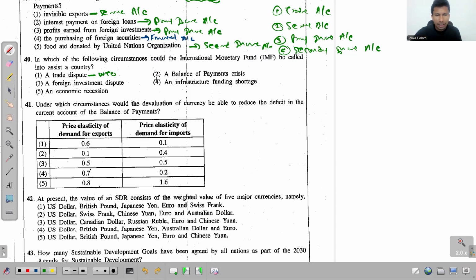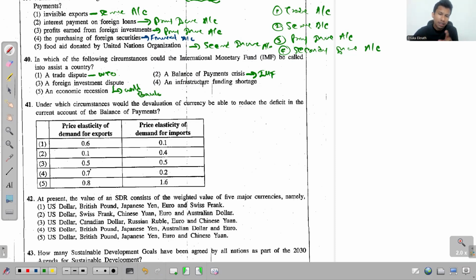And the second one, a balance of payment crisis, like the one that we had in Sri Lanka. So then obviously, who helped us? IMF mainly. So third one, foreign investment dispute. So maybe we can write here, it's a World Bank related issue.